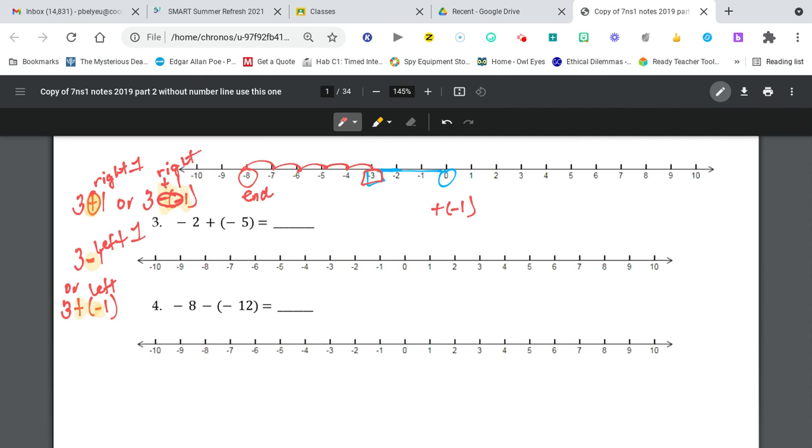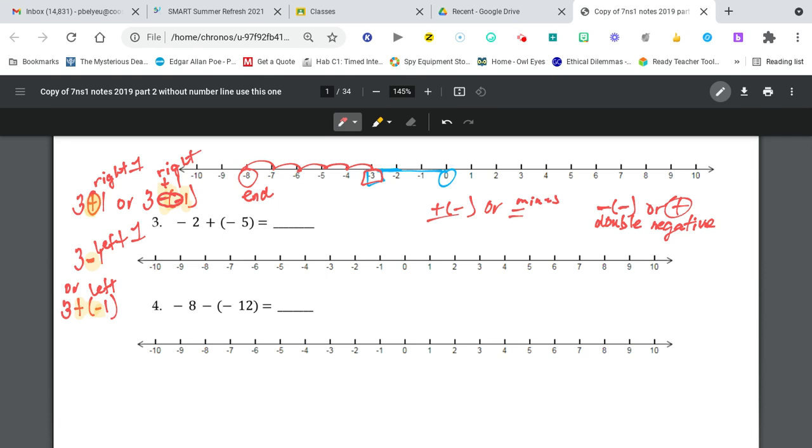Now I don't necessarily have to have a 1. But plus some negative is the same as just minus. And minus a negative is the same as just plus. I call this a double negative. So anytime you see a double negative or minus some negative, it's the same as plus, okay? This one is the same as minus.